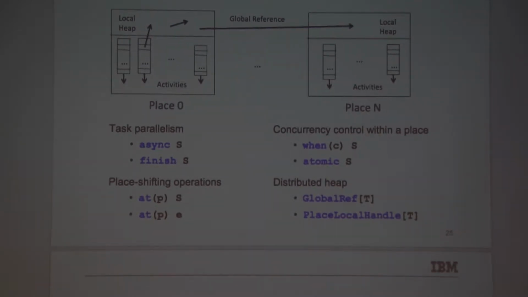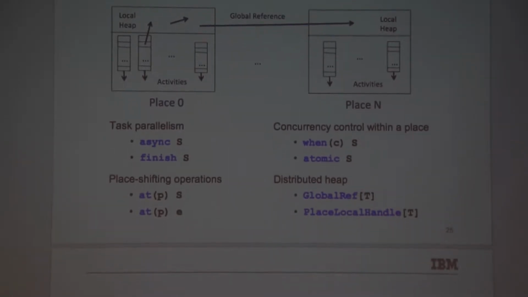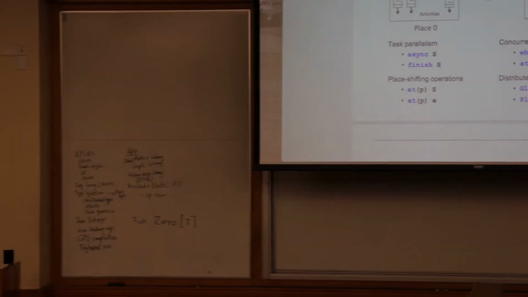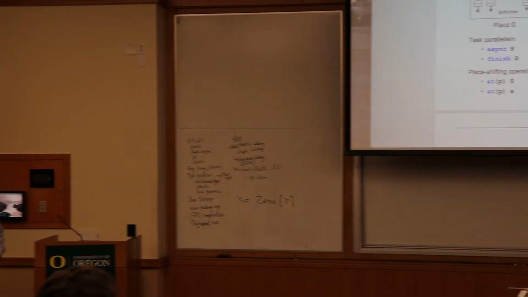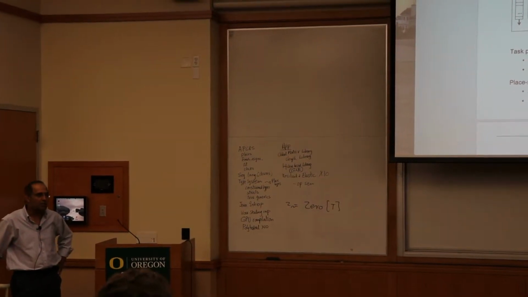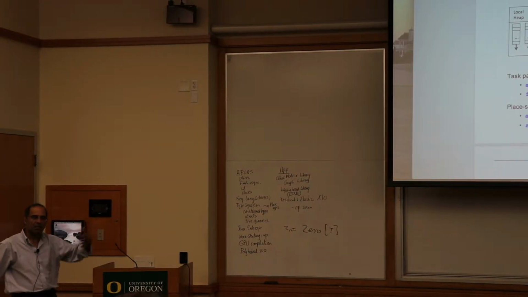The question is, why is it undecidable? The proposition is that type checking in an X10 program may never terminate because type checking is undecidable. And type checking an X10 program means checking all the types that occur in all of these places. So how could this possibly be a problem?